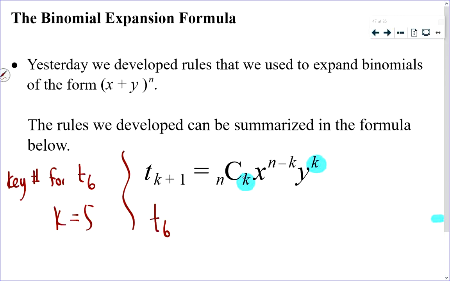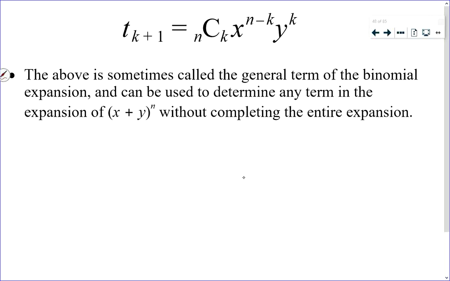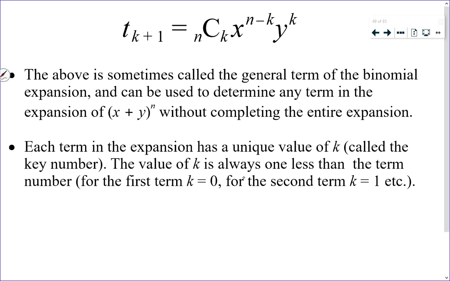It adds a layer of confusion that's not necessary. So we call that the general term of the binomial expansion, and it's used to find any term in any expansion of a binomial where it's raised to a natural exponent. Each term has a unique value of k, and the value of k is always one less than the term number. And I feel as though I've mentioned this so many times already that I don't need to go into more detail.